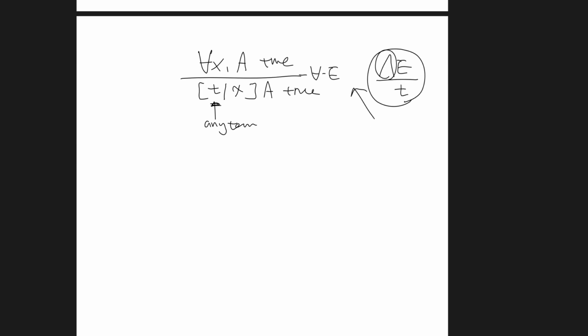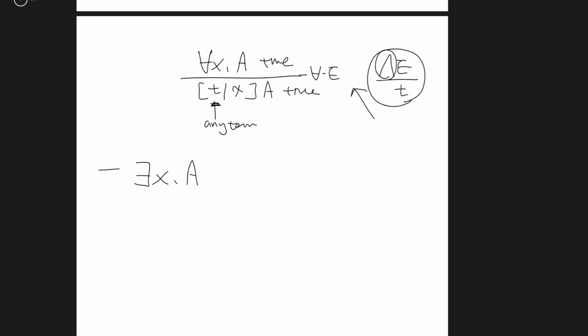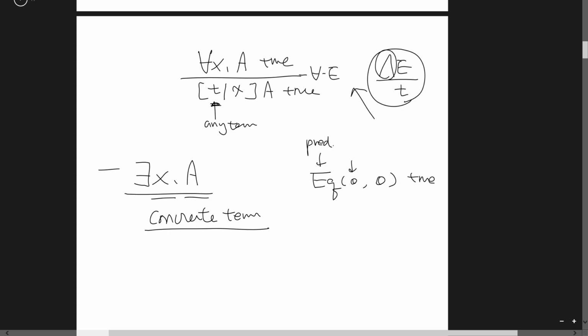Existential, existential x dot A. The idea is, if A is true for some concrete term for x. Here's an example. Suppose that EQ 0, 0 is true. This is a predicate, this is a term, and this is the same term.